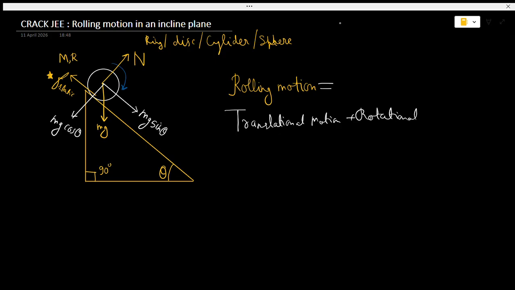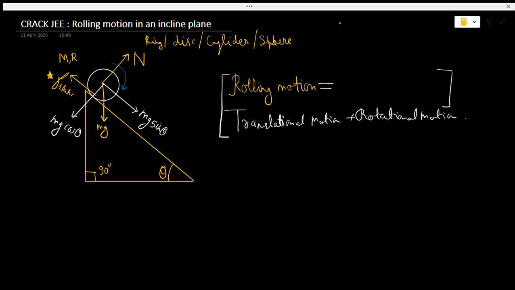For your information, when you come to this topic, I assume that everyone has completed the rectilinear and the rotational part, so we will be using those concepts. Those concepts must be strong for this topic specifically. So rolling motion is in two parts: translational and rotational together.